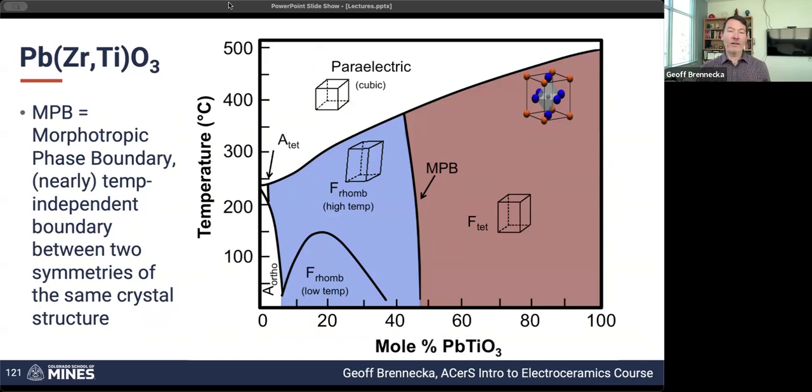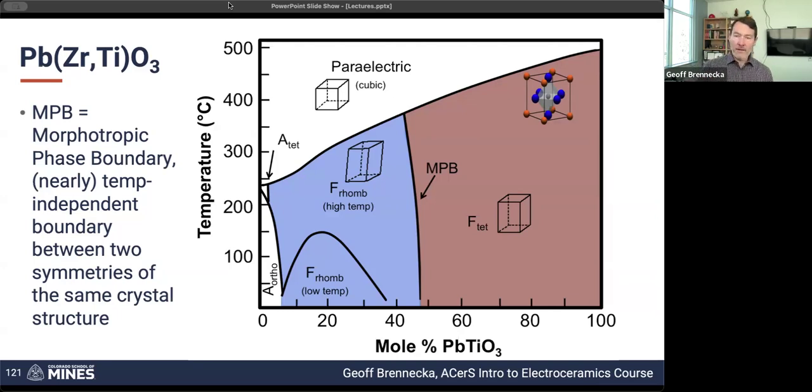Later on, we will give some examples of lead-free piezoelectrics that are approaching the performance of PZT, but PZT is still the prototype. It's still the dominant market leader from a material perspective. So we will use it as an example. It is not the only piezoelectric out there, obviously, but it's a good place to start.